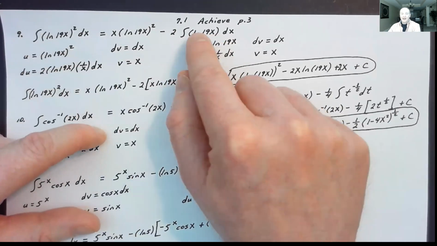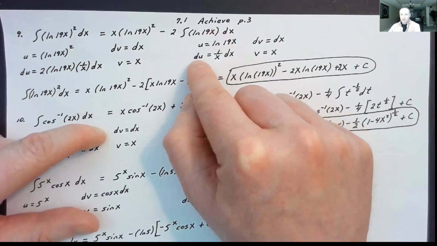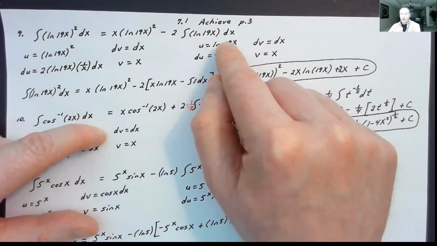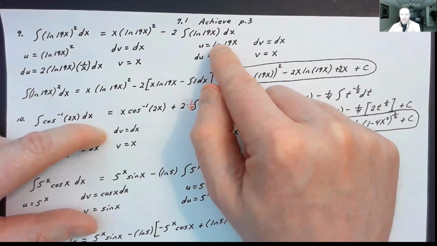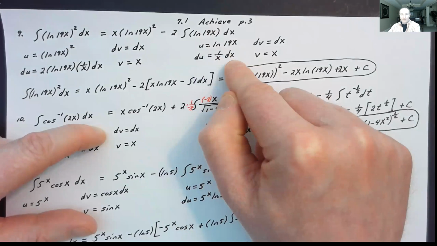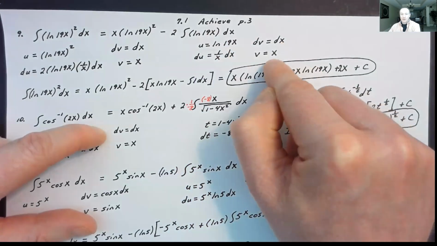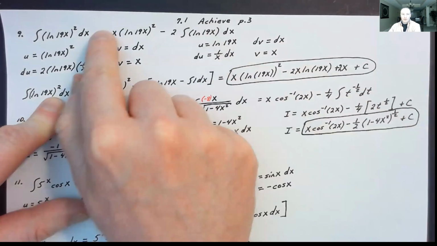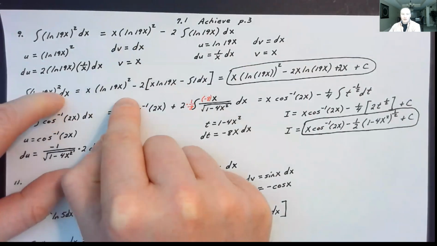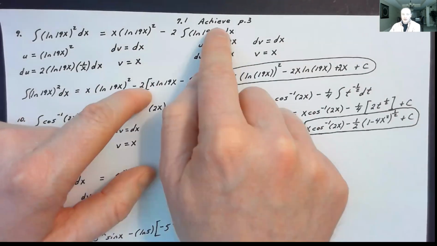So yet again, I let u equal the natural log of 19x, and then du is going to be 1 over 19x times 19, which simplifies to just 1 over x dx. Your dv in the problem, yet again, is dx, and v is going to integrate to x. So the original problem is the original u times v that I got, and then we had minus 2 times the group, where I had to integrate again.